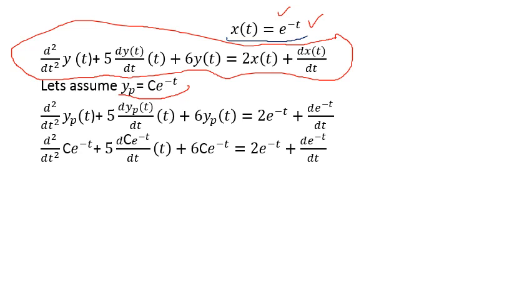The first step is to replace y(t) with yp(t) in the given differential equation. It has been replaced here. And then, instead of x(t), which is generalized, we put in the particular input we have.